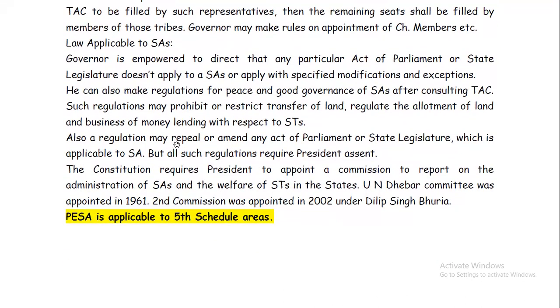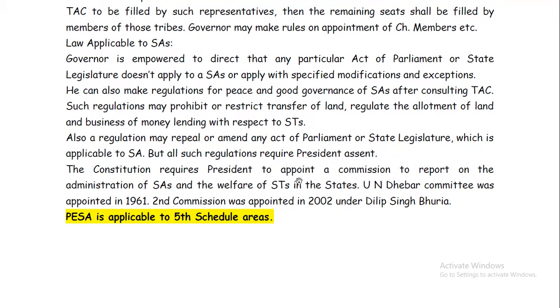Also, a regulation may repeal or amend any act of Parliament or state legislature which is applicable to the scheduled areas. But all such regulation requires the President's assent. Means if we need to repeal or amend any act, then the President's assent is a must.